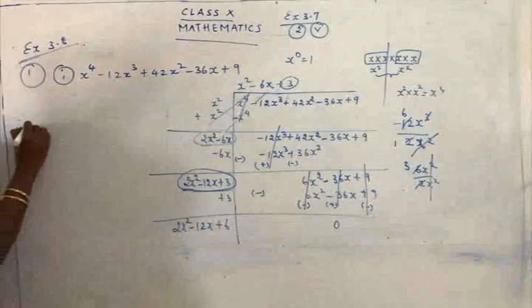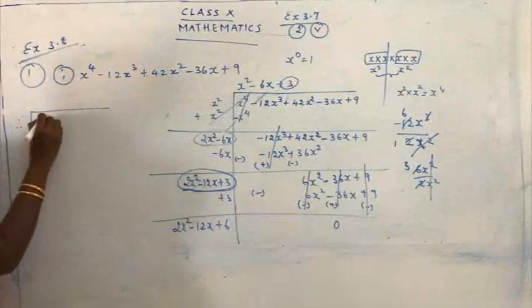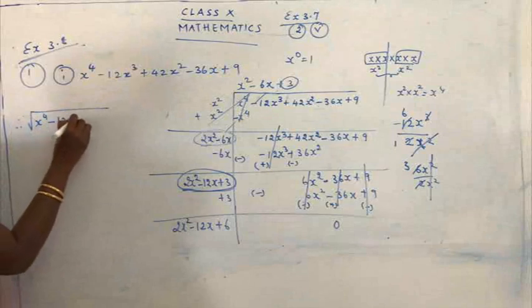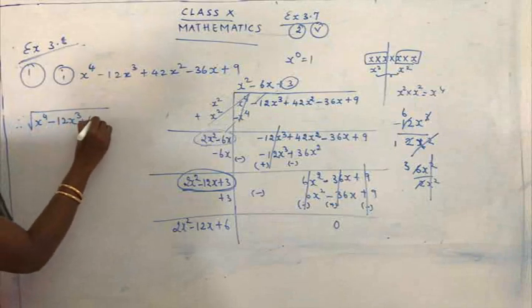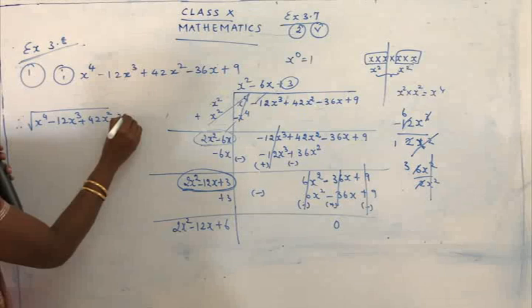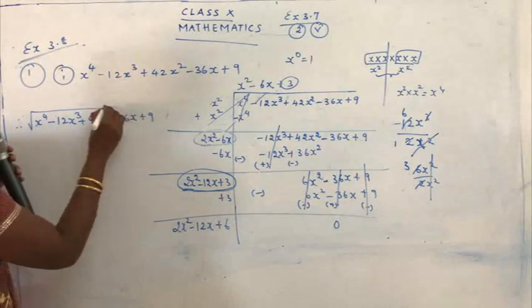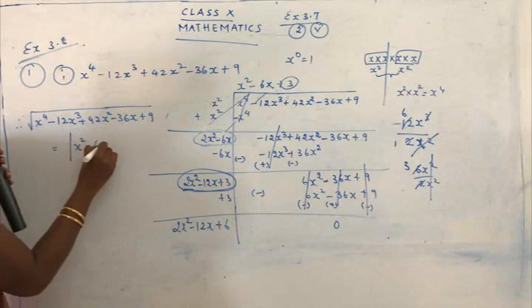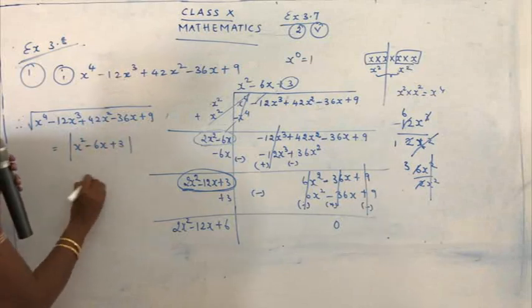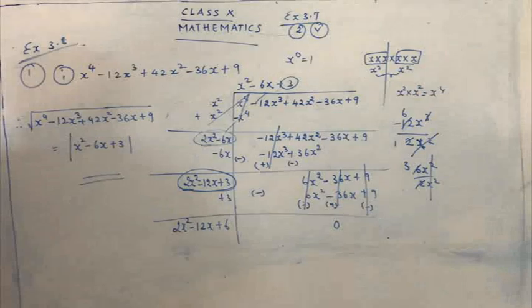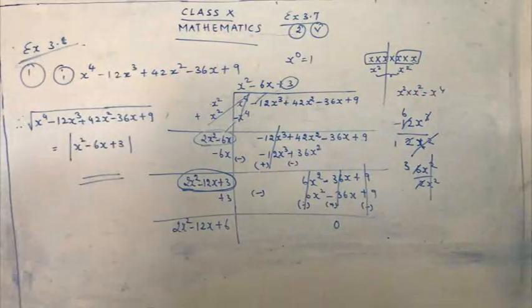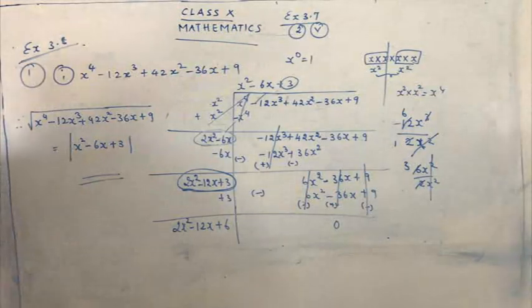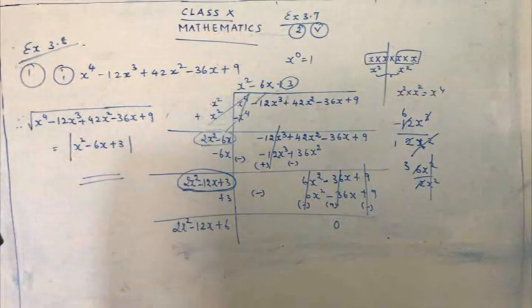Therefore, square root of x raised to 4 minus 12x cube plus 42x square minus 36x plus 9 is equal to mod of x square minus 6x plus 3. So this is the required answer. I hope the sum is clear to you. The sum looks complicated, but it's a very easy sum once you understand the concept.